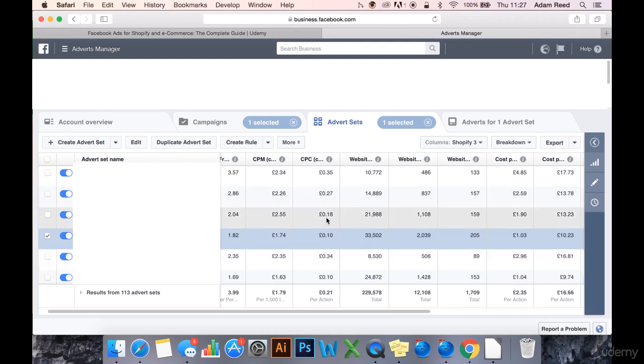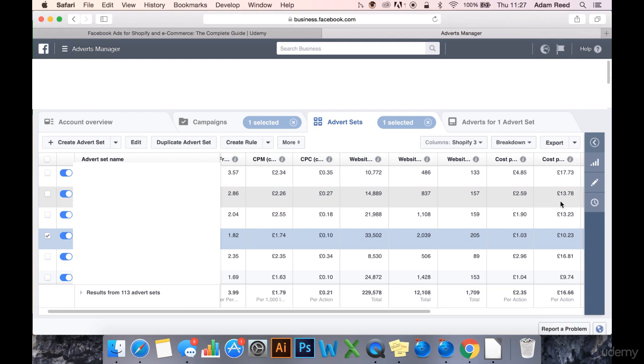And you can generally gauge from past performance, past CPCs. These are a good indicator of how much the cost per purchase is going to be, because as you can see, these 10 pence CPCs generally end up with a £10 cost per purchase, whereas around the 23-25 pence mark, these two here, they generally are a couple of quid more, a couple of pounds more, for those of you that don't know what quid means.